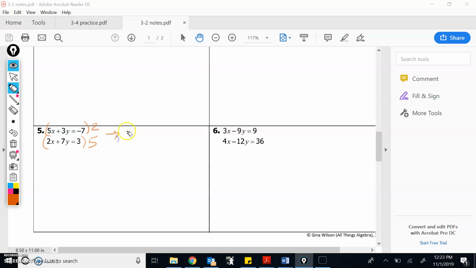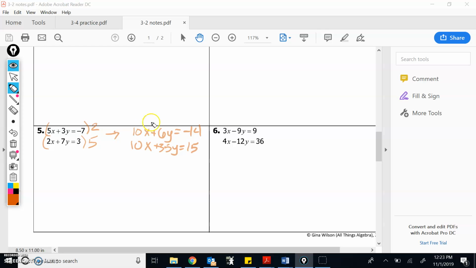Doing that makes my top equation 10x plus 6y equals negative 14. Don't forget about that C value multiplication. And then multiplying the bottom, we get 10x plus 35y equals 15. So now we have x's in this case that have the same coefficient.